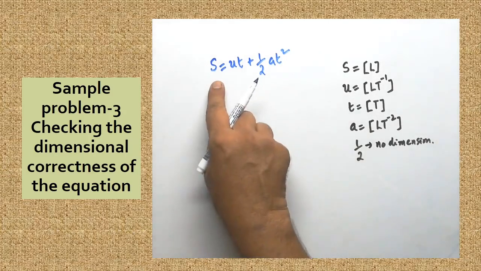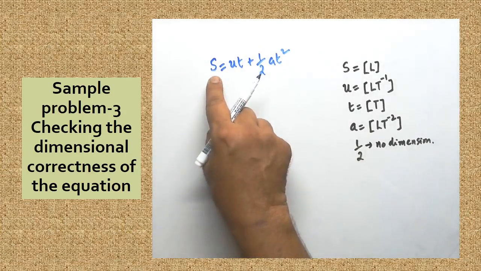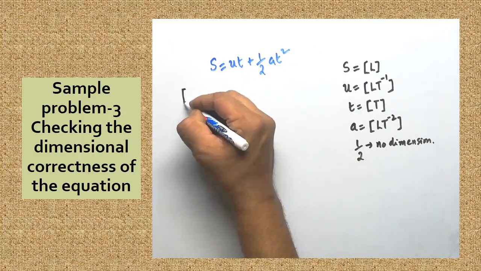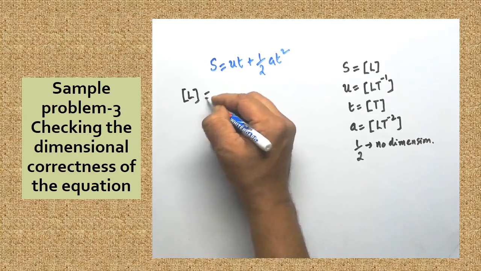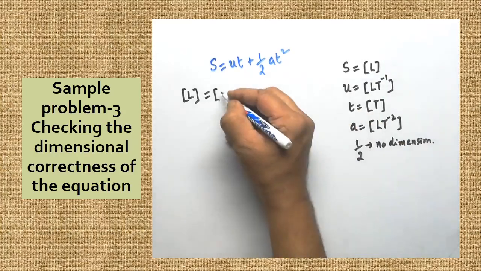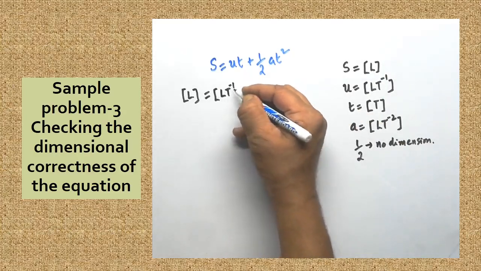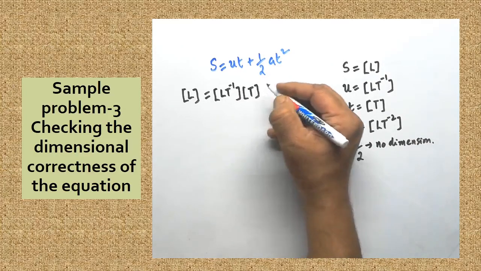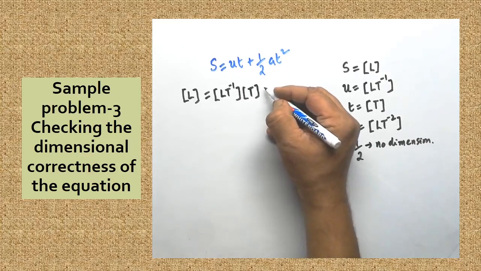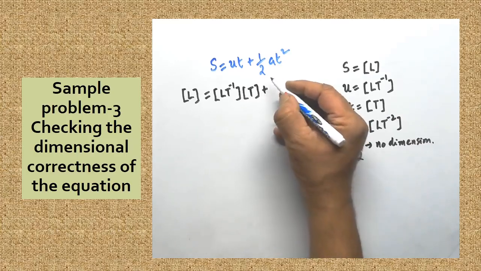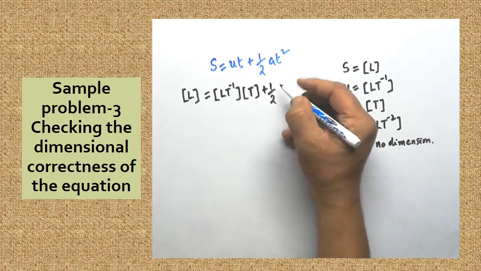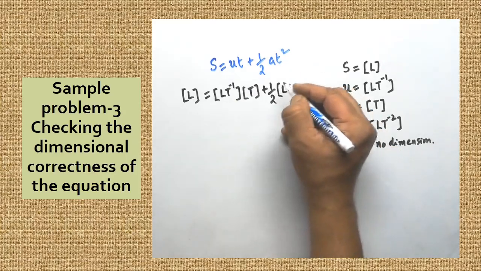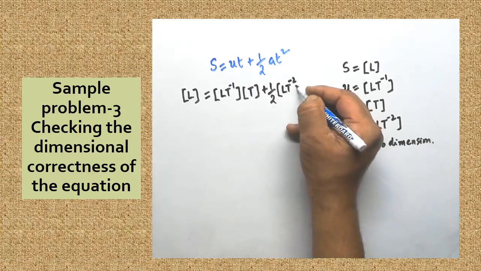So let's substitute the dimensions of individual quantities here. So dimension of S is L. Dimension of u is LT inverse. Dimension of t is T. Everything must be written in square brackets, don't forget. Here half has no dimension. Dimension of a is LT to the power of minus 2.